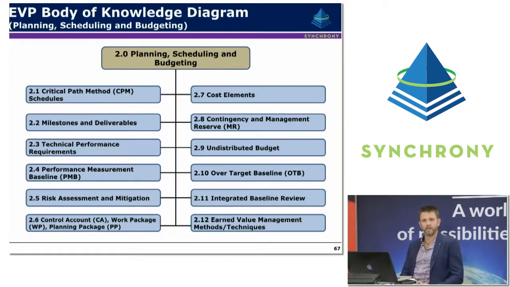Firstly, critical path methodology, milestones and deliverables, technical performance requirements, performance measurement baseline, risk assessment and mitigation, control accounts, work packages and planning packages, cost elements, contingency and management reserve, undistributed budget, over the target baselines, IBRs or integrated baseline reviews, and earned value management methods and techniques.